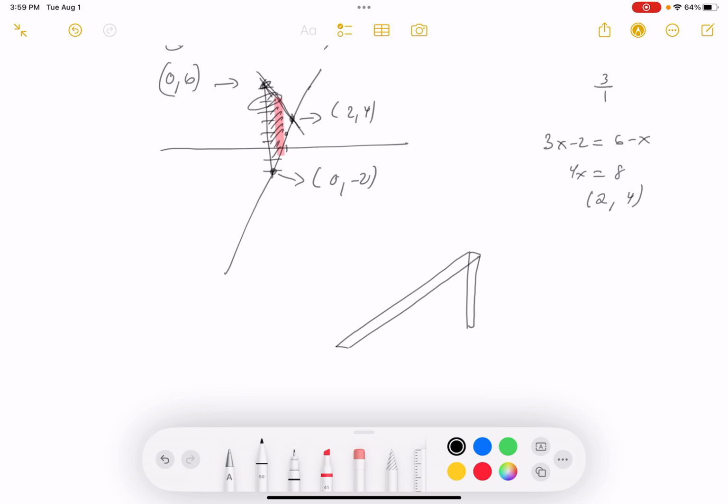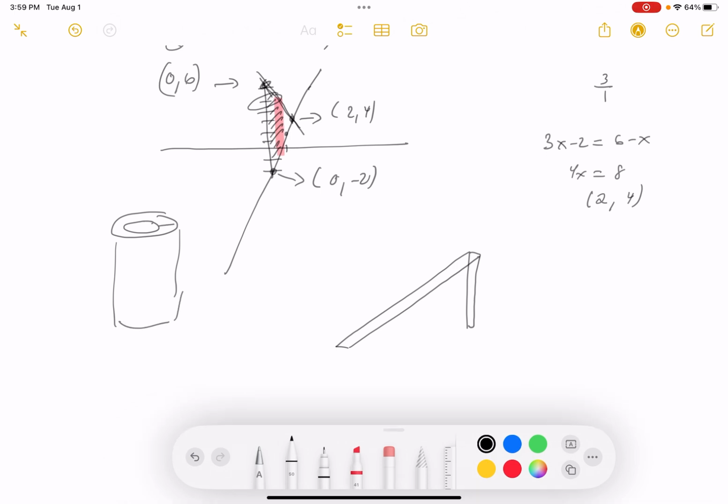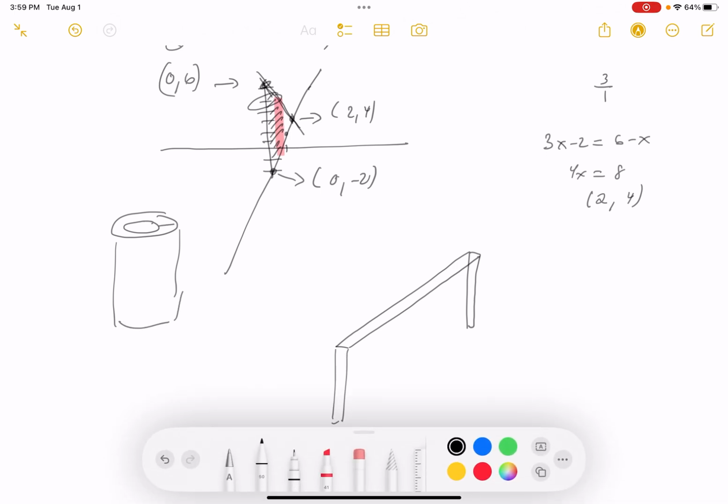In other words, it will be like this over here, but I'm cutting it and laying it flat. And to me, this looks like a box. The differential over here is dx.